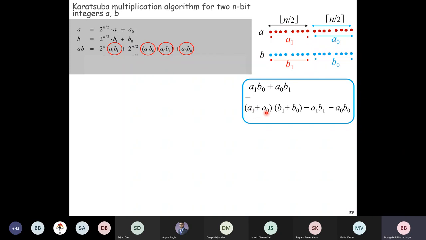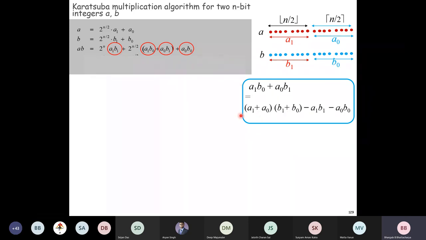And this sum: A1 and A0 is the sum of two n by 2 numbers, and similarly this is the sum of two n by 2 numbers. This sum can be performed in linear time, right? And then we need to take a product of this. So how many distinct product terms do we have to compute? Here is 1, here is 2, and here is 3.